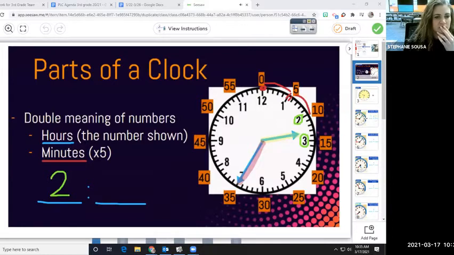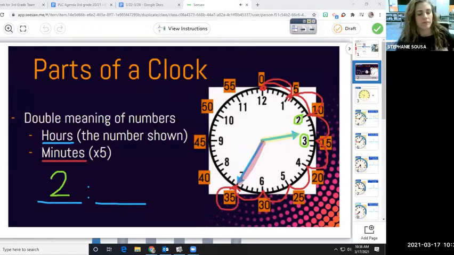Let's start at 0 and skip count by 5. 5, 10, 15, 20, 25, 30, 35. The minute hand in this example is pointing directly at the 7, which is equal to 35 minutes.